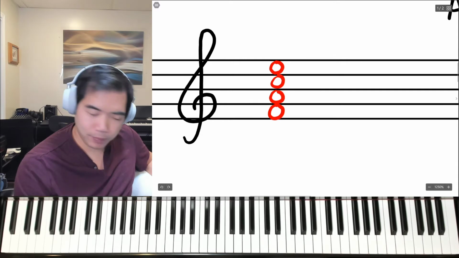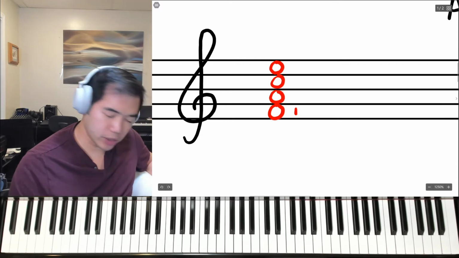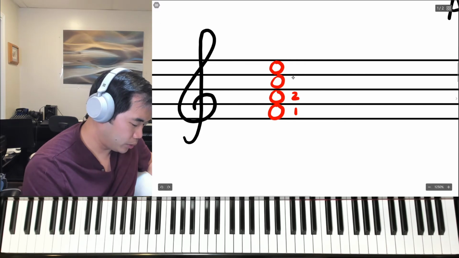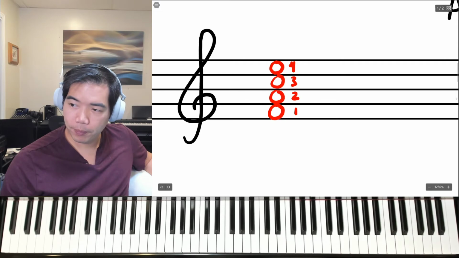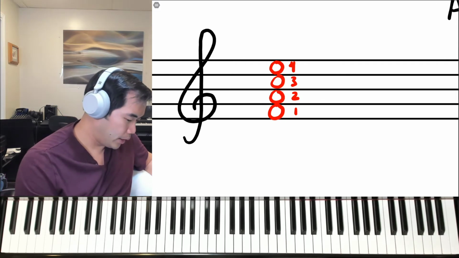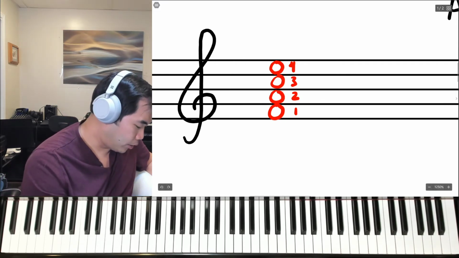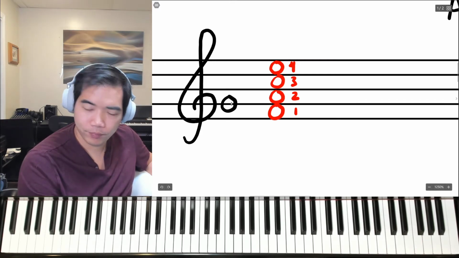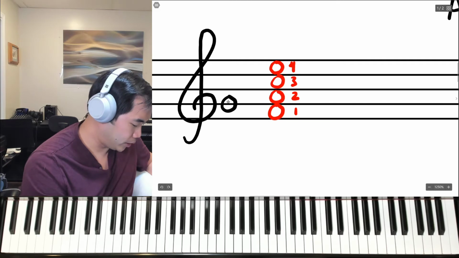If we count these space notes, we can call this bottom space space number 1, space number 2, space number 3, and space number 4. Now, you might recall that the note that's on the second line from the bottom is the note G. This is the note G, okay?